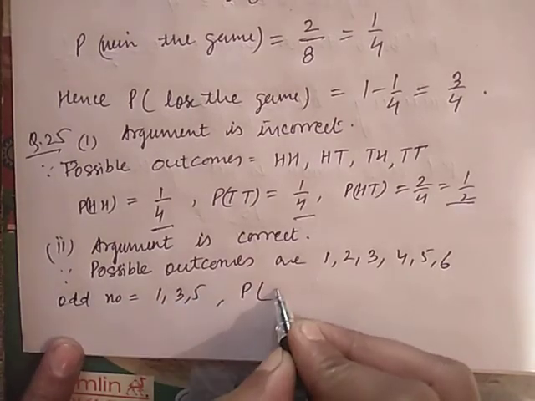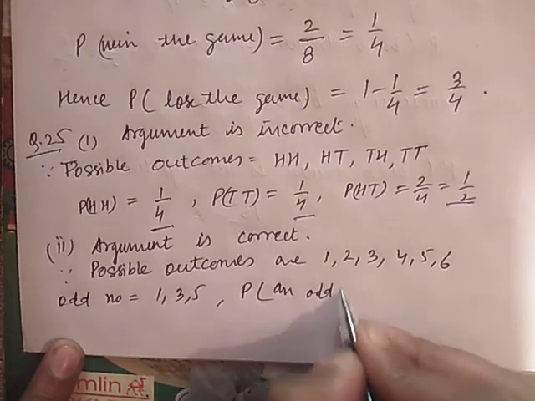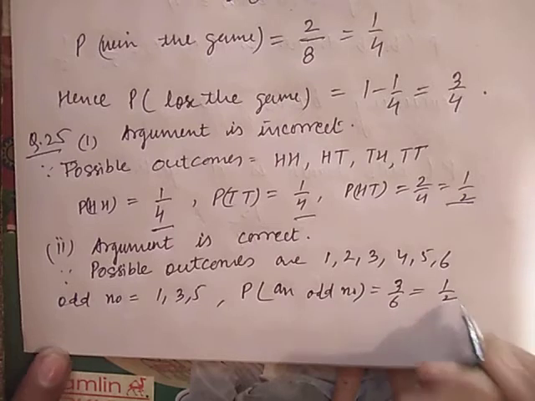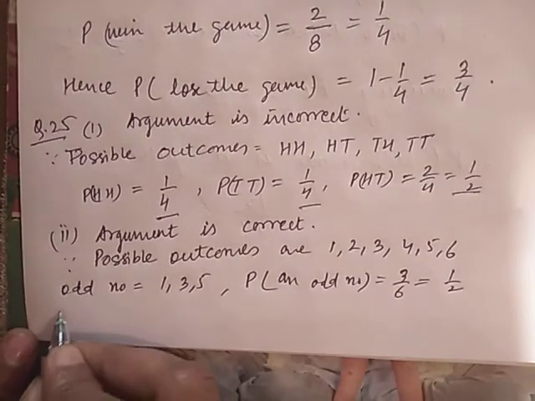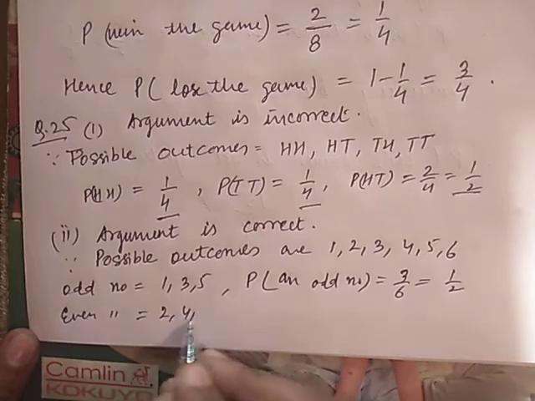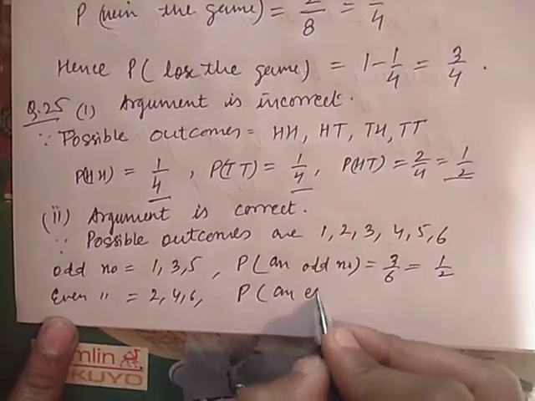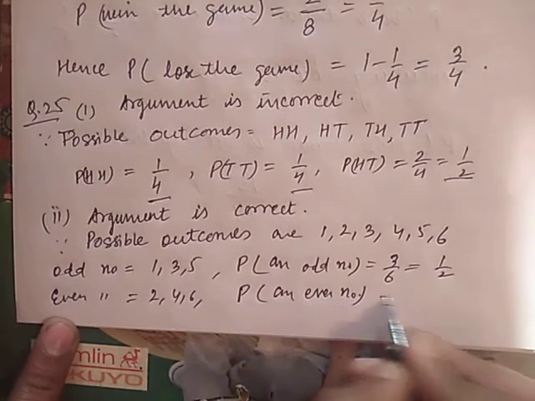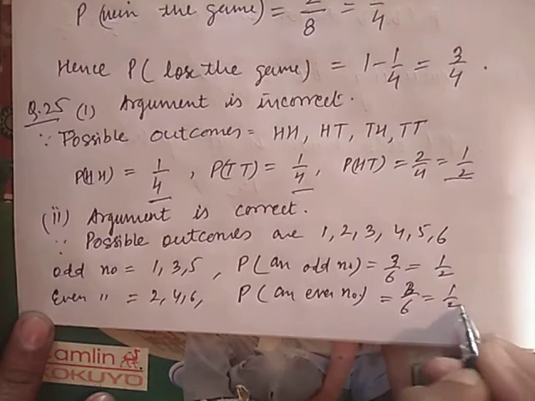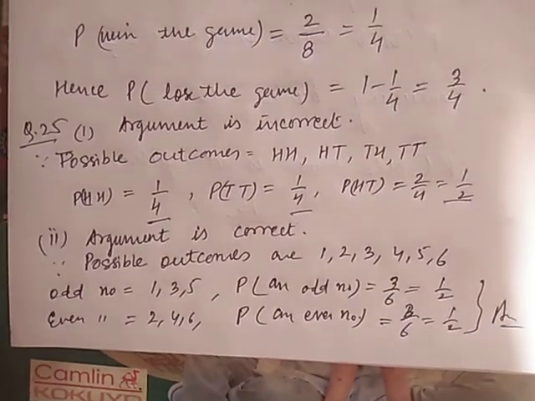The probability of getting an odd number is equal to 3/6, that is 1/2, and even numbers are 2, 4, 6. So the probability of getting an even number is equal to 3/6, again 1/2. So in both cases it is correct.